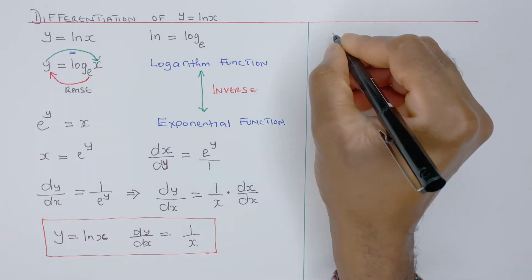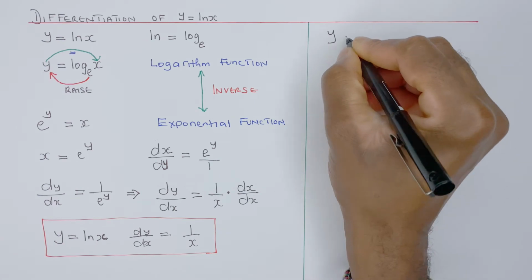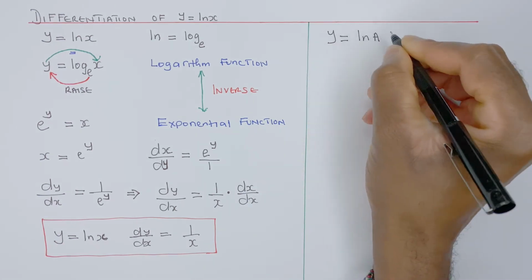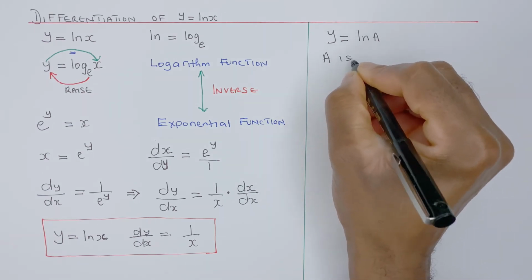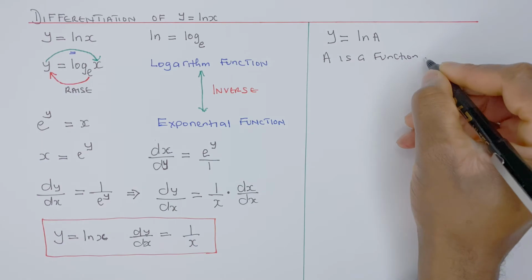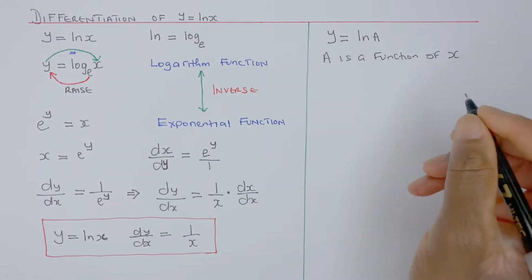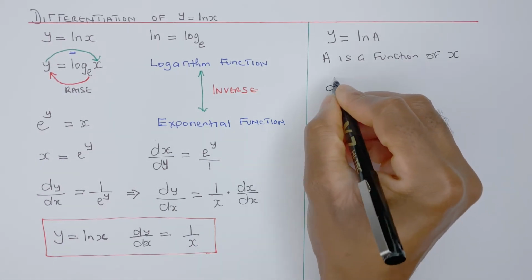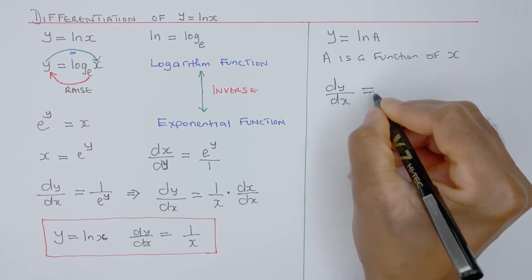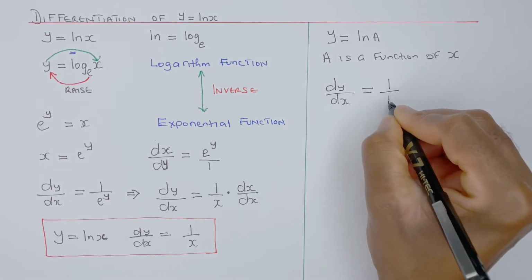So in general, if you have y equals ln of a, where a is a function of x, then dy dx will be equal to 1 over a.